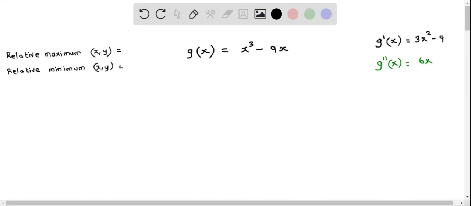We now determine the relative maximum and relative minimum of this given function g of x equals x cubed minus 9x. We find this using the second derivative test.